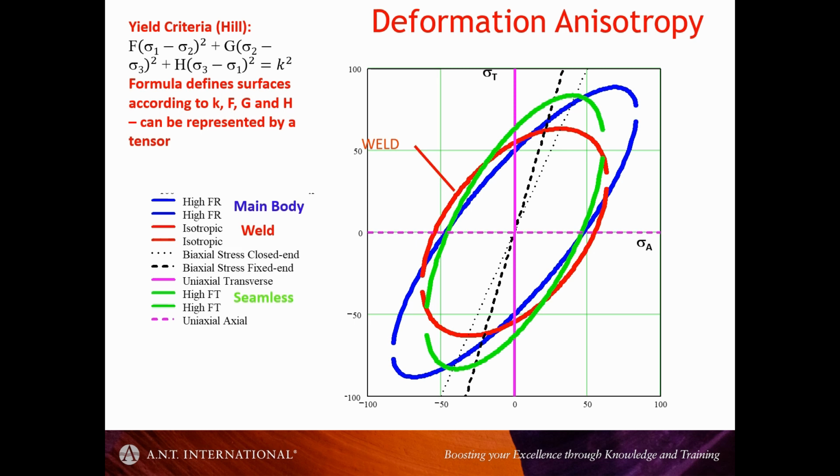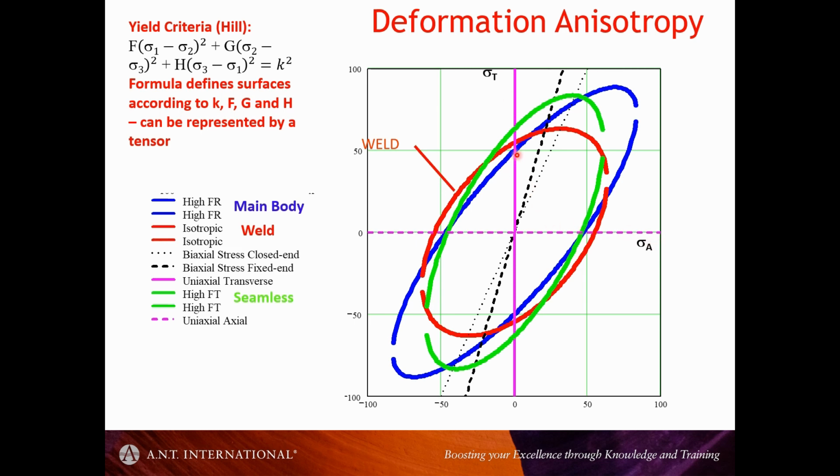What I've got here is the solution to the Hill's yield criterion, and I've taken three different textures. One is representative of the main body of the calandria tube, and because it has a high radial basal texture, that means it's softer than the isotropic material in the axial or transverse direction.